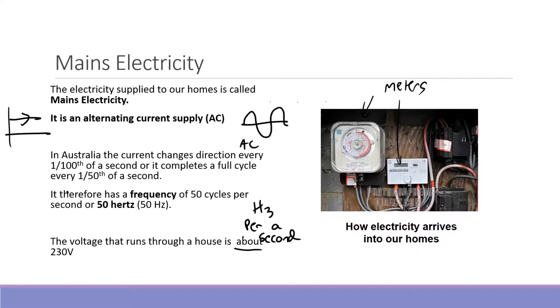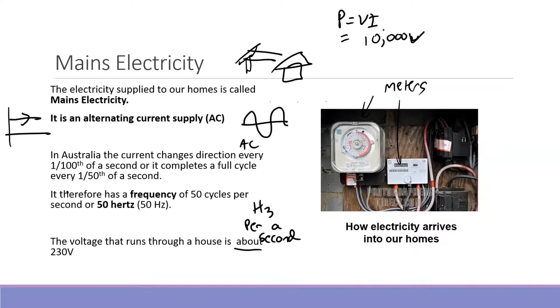The reason why we have such a high voltage, by the way, is that the power that comes to your house is P equals VI. If we want to get the same power, we can use a high voltage or a high current. The big electrical wires that go to people's houses actually have really high voltages, like 10,000 volts.